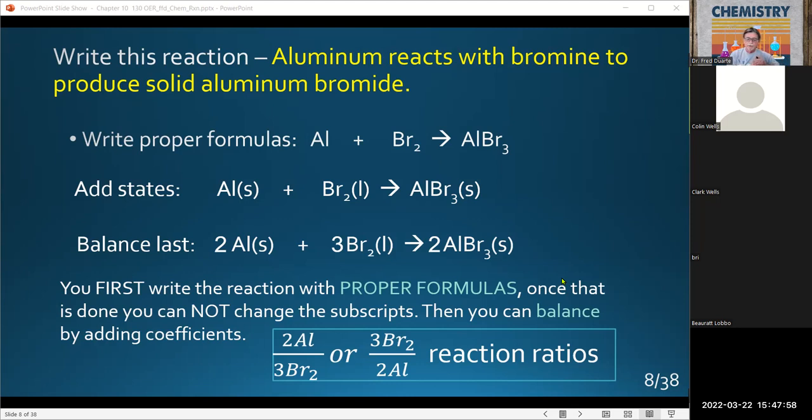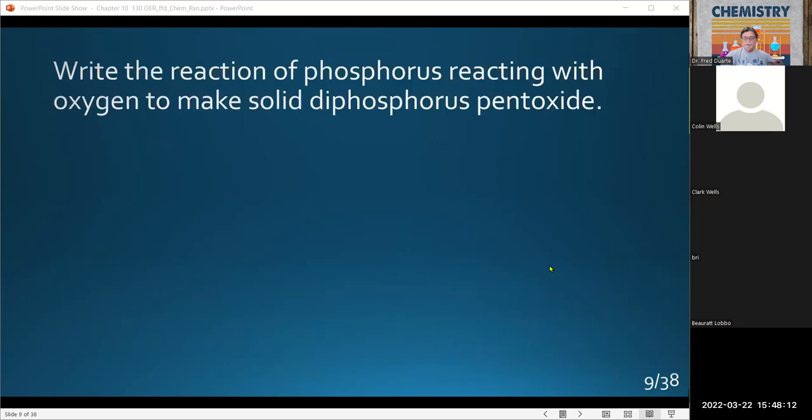And we can do any type of calculation that anybody throws at you. If you don't have a balanced chemical equation, obviously your stoichiometric relationship would be incorrect and your calculations would be off.